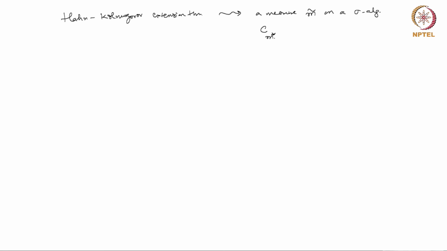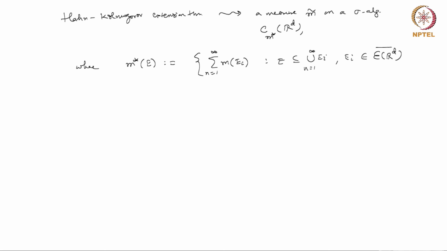C m star of Rd, where m star of E is the outer measure defined using elementary sets. So this is the sum n equal to 1 to infinity of m E_i, such that E is a subset of the union of E_i and E_i belongs to this elementary algebra for each i. Of course, if one of these is co-elementary, then we can discard this.